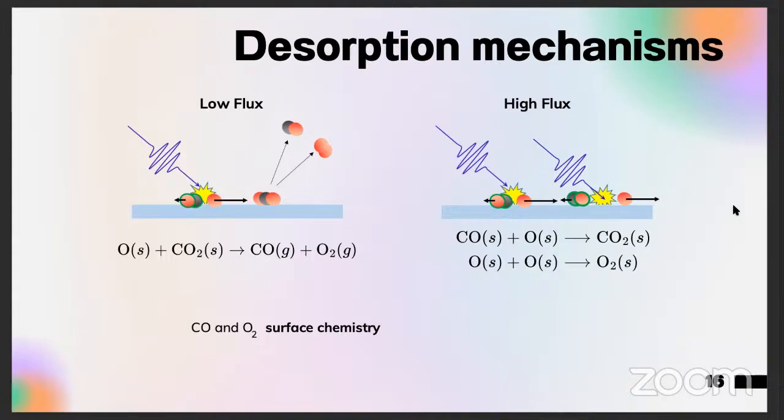At low flux, the surface density of oxygen will be lower, and the atomic oxygen will combine with CO2 to lead to the ejection from the surface of CO and O2. When you increase the flux, the local density of atomic oxygen will increase, and the atomic oxygen can react with CO and with another atomic oxygen.